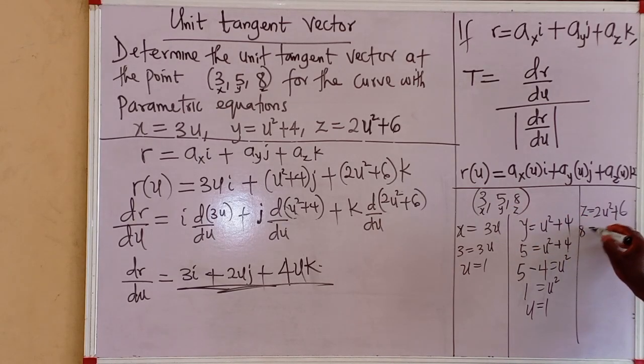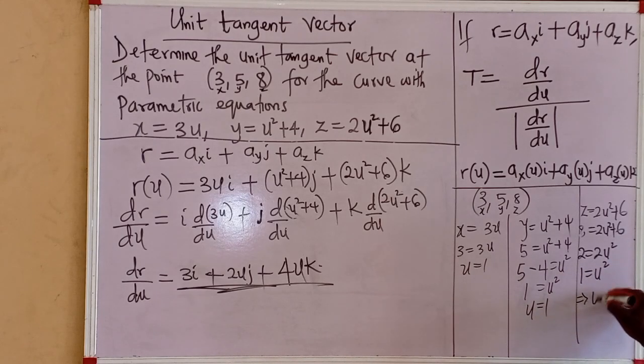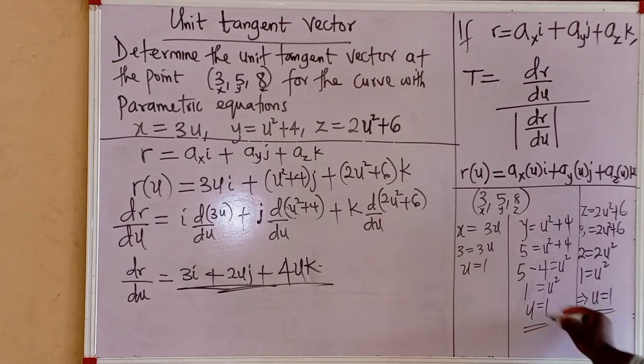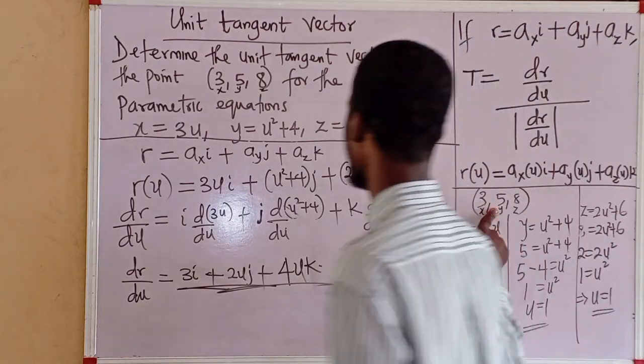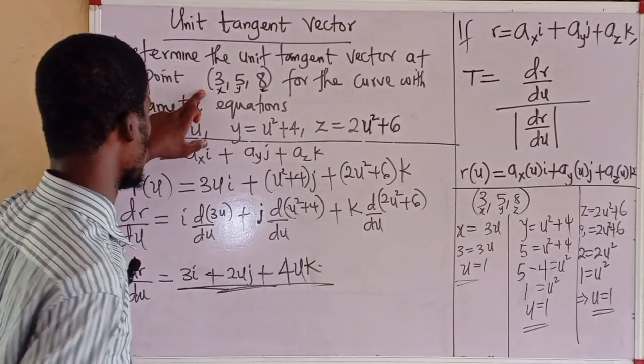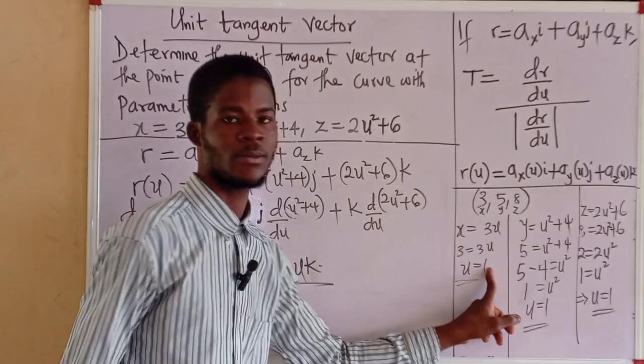So 8 equal to 2u squared plus 6. 8 minus 6 is 2. If I divide both sides by 2, I'll have 1 equal to u squared, which implies that u is equal to 1. So they are the same. So this point, (3, 5, 8), corresponds to u equal to 1.